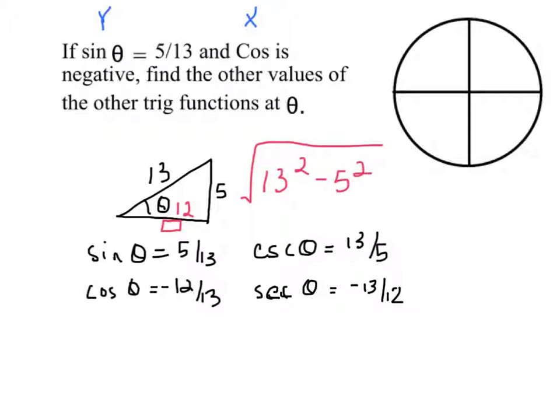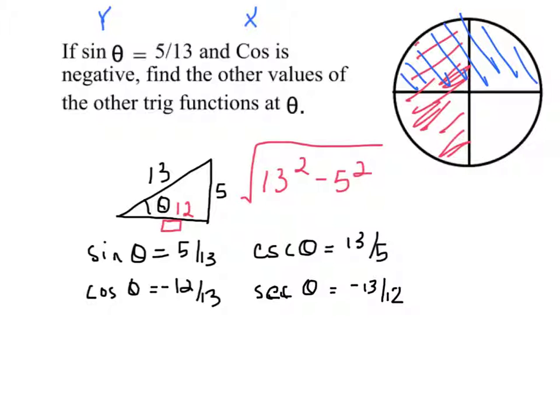Well, of course, negative x values occur over here. And if sine is positive, the y's are positive, we're looking for y values that are positive up here. So the quadrant in question is the second quadrant. This is where this angle must be located, because that's the only spot where sine is positive and cosine is negative.